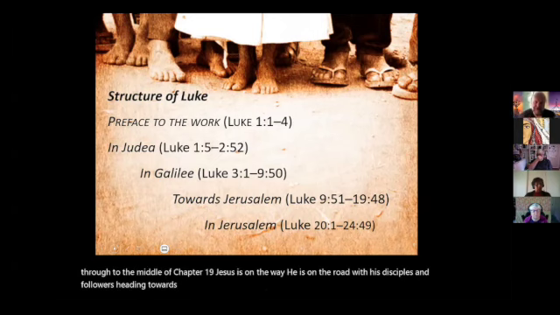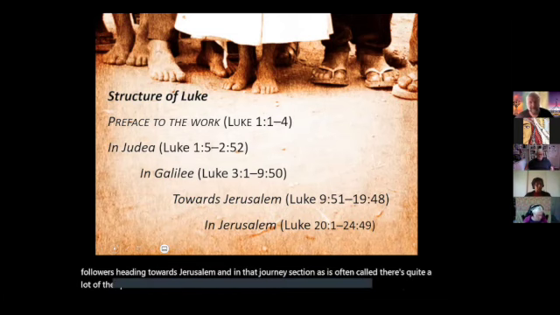He's on the road with his disciples and followers heading towards Jerusalem. And in that journey section, as it's often called, there's quite a lot of the special Luke material. A lot of the stuff that we're talking about is distinctive to Luke. And then he arrives in Jerusalem, and from chapter 20 to chapter 24, the passion narrative of Jesus is told.